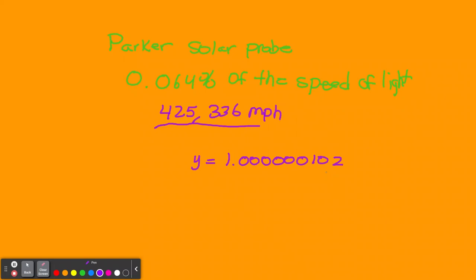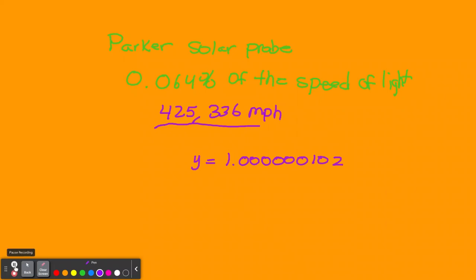Basically, if you went on the Parker Solar Probe for 5 years and you came back, your clock will be 6 hours off. It's really nothing. You come back and you think it's 12 o'clock. And we're not talking about time zones or anything like this. You'll be actually 6 hours off in your biological clock, which is nothing.